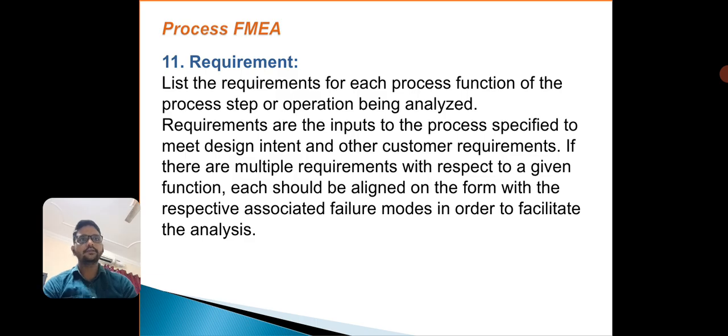What are the requirements? Requirements are inputs to the process, specifications to meet design intent, and other customer requirements. If there are multiple requirements with respect to a given function, each should be aligned on the form with the respective associated failure modes in order to facilitate the analysis.